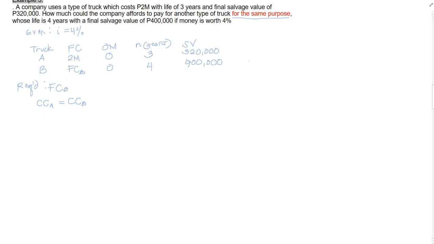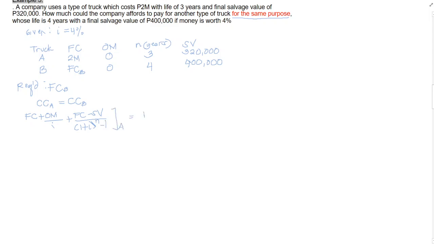So that is your clue there. Okay, so having this one, let us compute for that. That is the first cost of your truck A plus OM divided by I. Those are all given. So that is first cost minus salvage value divided by 1 plus I raised to N minus 1. So that is for truck A.